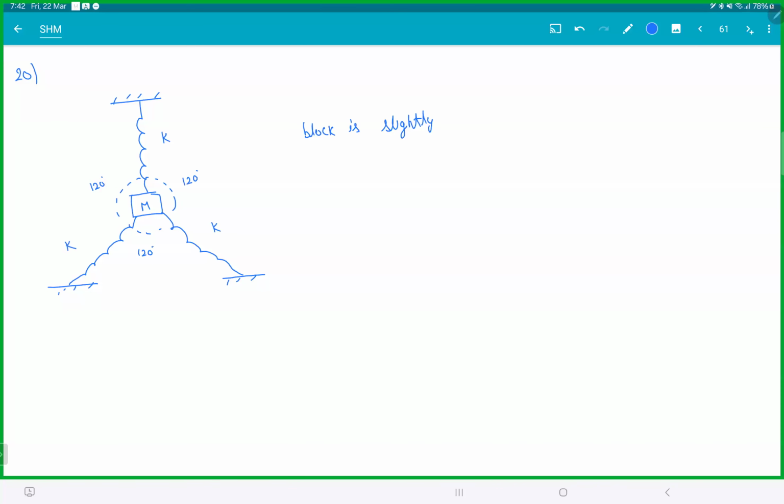So when they use the word slightly, you are assuming the displacement is so small, we can still assume the angle is 120 degrees. Pulled down and released. So basically, this statement says assume the angles are almost constant. You can neglect the small change. Find the time period.